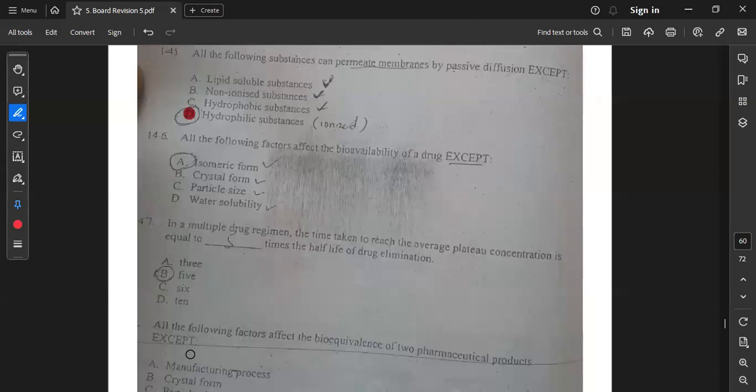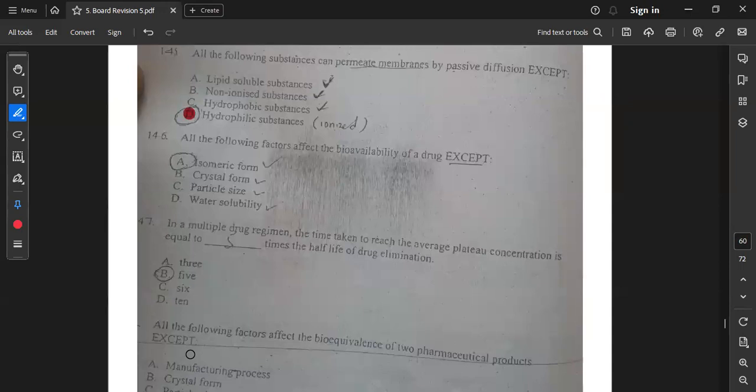Water solubility, yes. We want the drug to be soluble in water, because the GI fluids are hydrophilic, so that obviously plays a role. Particle size relates to the solubility and also to the dissolution of the drug, so that will affect bioavailability.